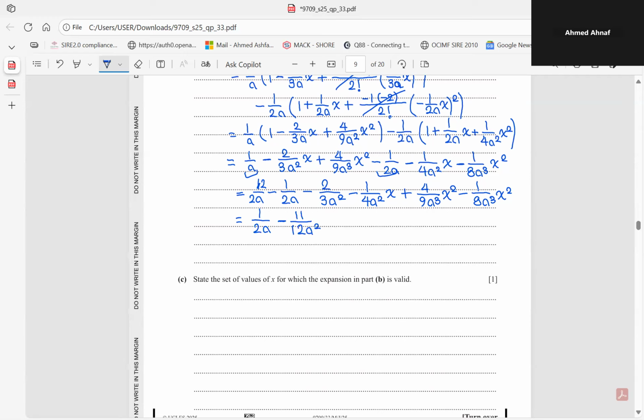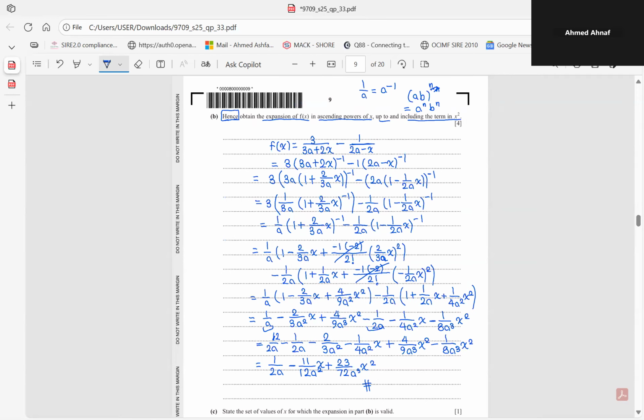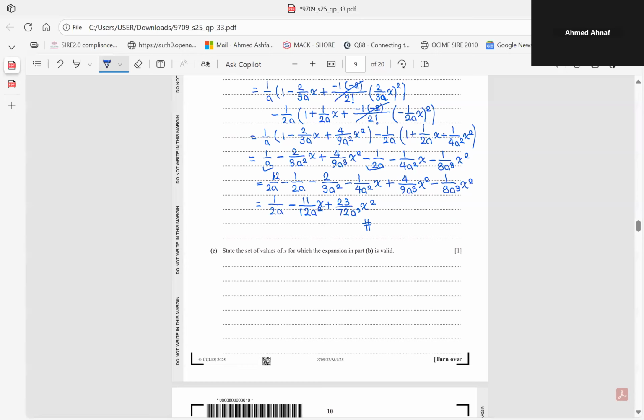So for this, you will get 23 over 72a cubed. Oh, sorry, forgot to put the x here. x squared. Yeah. So this is our final answer for this whole part. Let's head on to the next and final part.